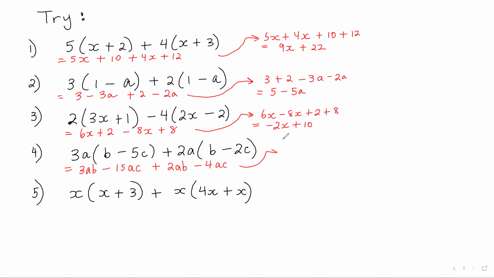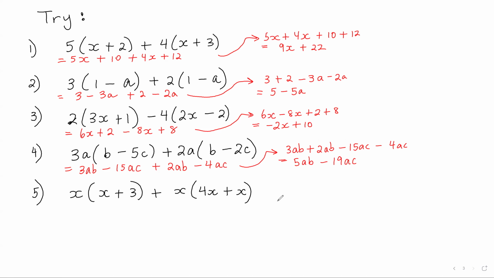Group in my like terms, I get 3ab plus 2ab minus 15ac minus 4ac. And that gives me 3 plus 2, which is 5, so 5ab. And then minus 15 minus 4 is minus 19. So that'll be minus 19ac.